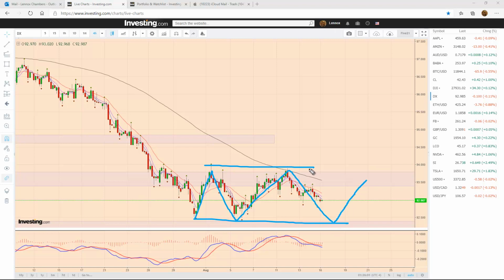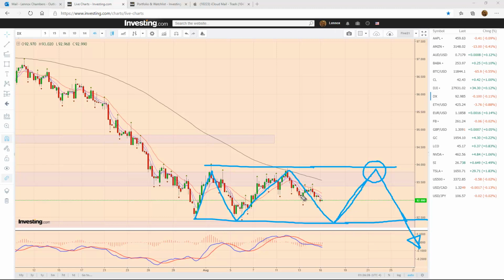Okay, so we're in a channel, and my expectation is it could be something like this, and then another probable move to the downside again. After it reaches this third touch, I would expect that if we come back down, we're going to break through the lows and continue to the downside.